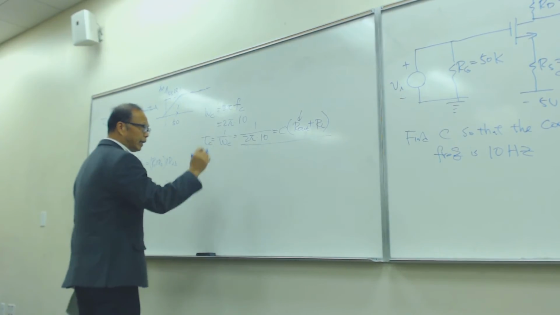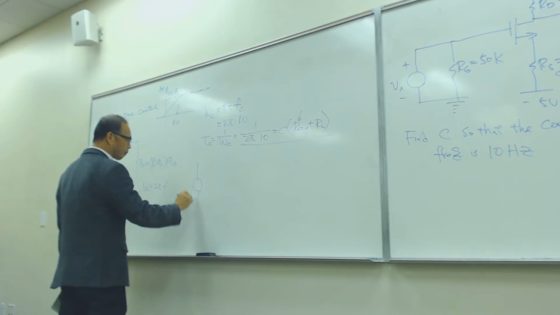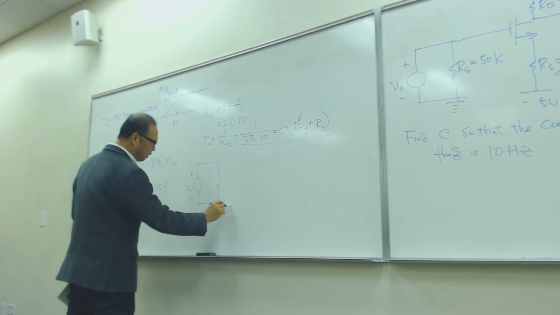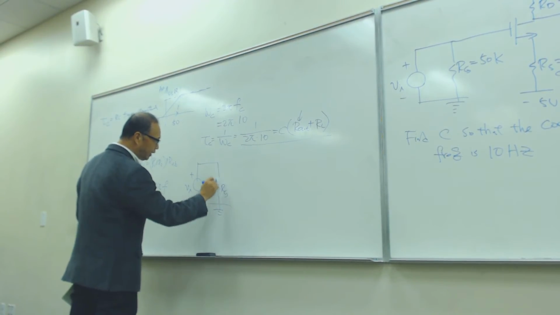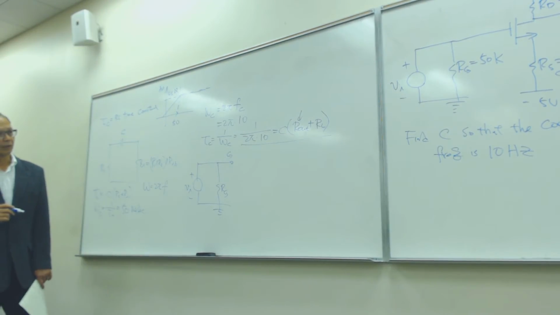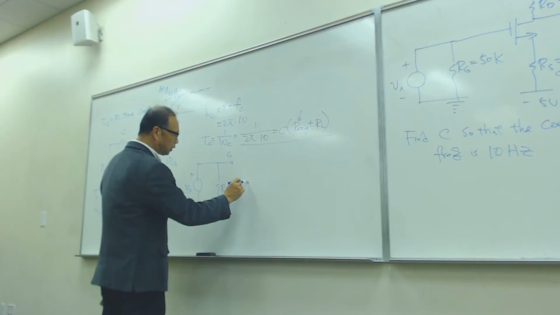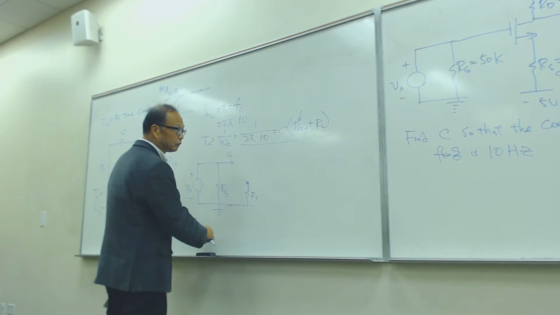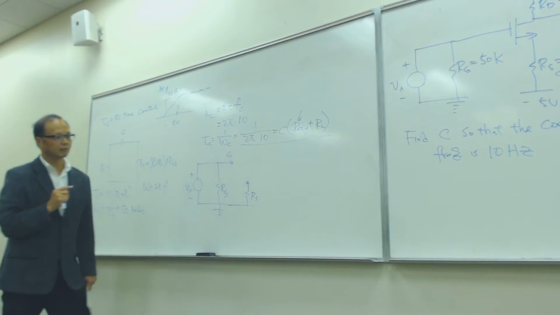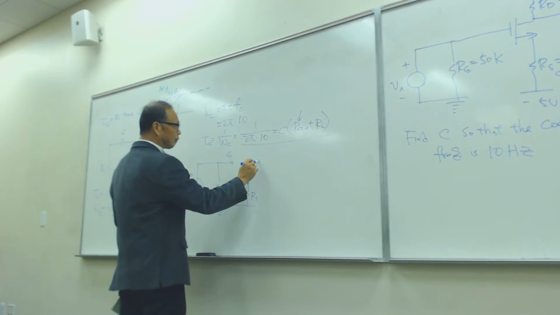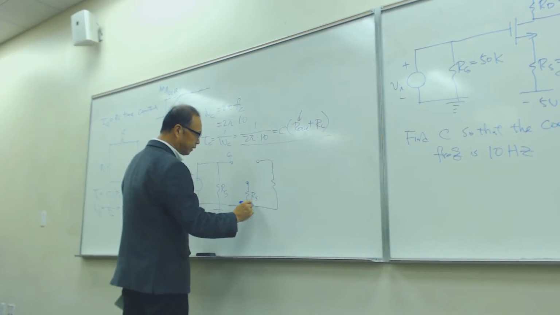Well, you have to look at the AC equivalent circuit. So let's do the AC equivalent circuit. V sub I, R sub G, that's the gate. The source has R sub S to the ground. The drain has R sub D to the ground.